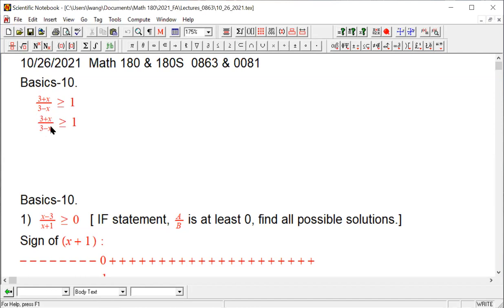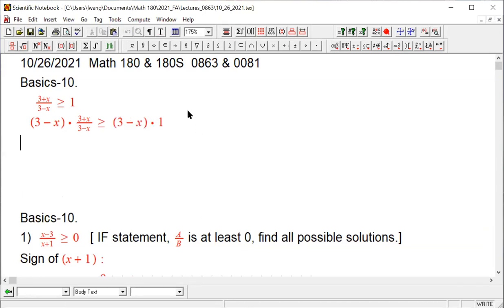People will typically multiply the common denominator. Multiply 3 − x on both sides, and this student will get 3 + x greater than or equal to 3 − x.